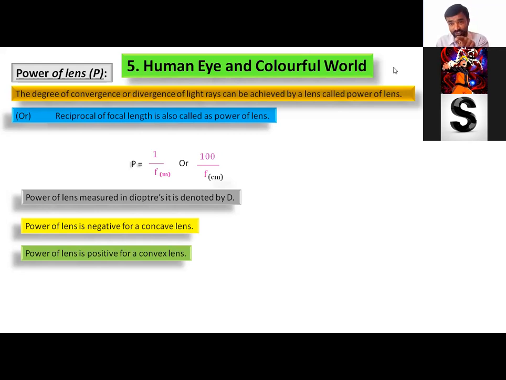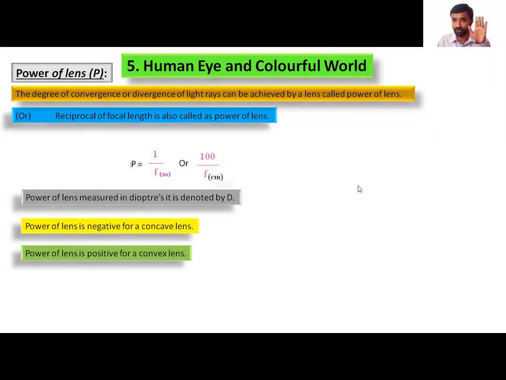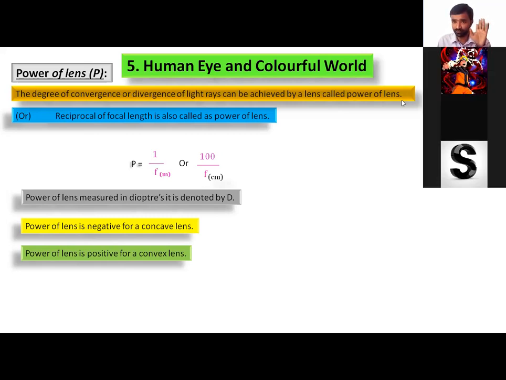If a convex lens is prescribed, what is the defect? Hypermetropia. That's it. By knowing the power of the lens, you are able to identify the defect and also the type of lens. You have both pieces of information, right? Are you clear about everything I discussed now?